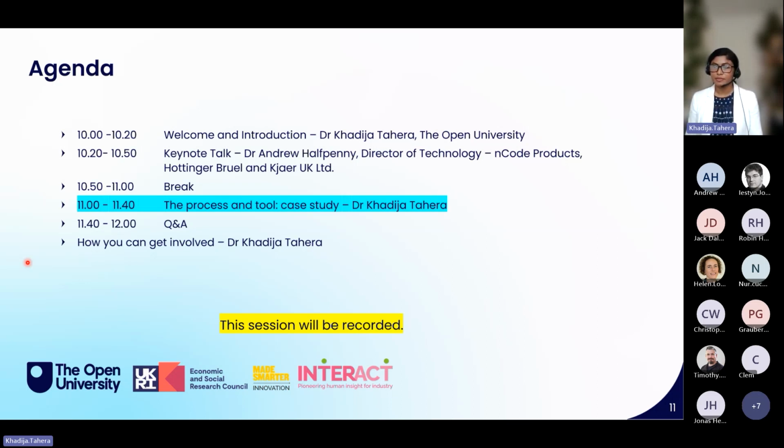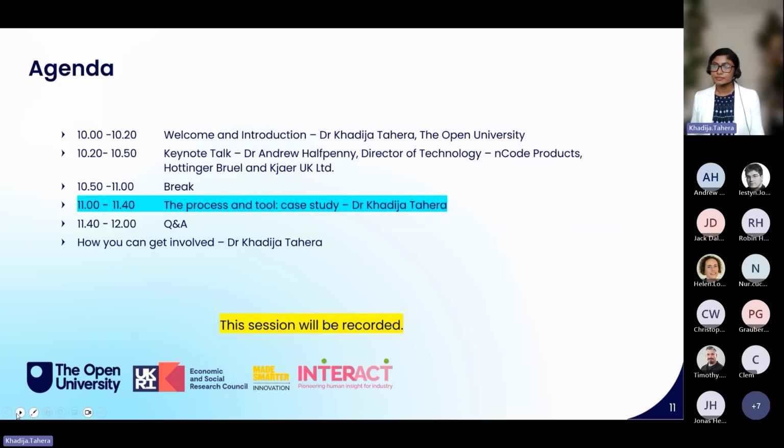As an academic, probably our job is to simplify that complex process for those who are not expert in the field or just emerging in the field and trying to adopt those complex tool sets, how they can go about it. So first, I will talk about the process a little bit, and then I'll demonstrate the tool we have developed.